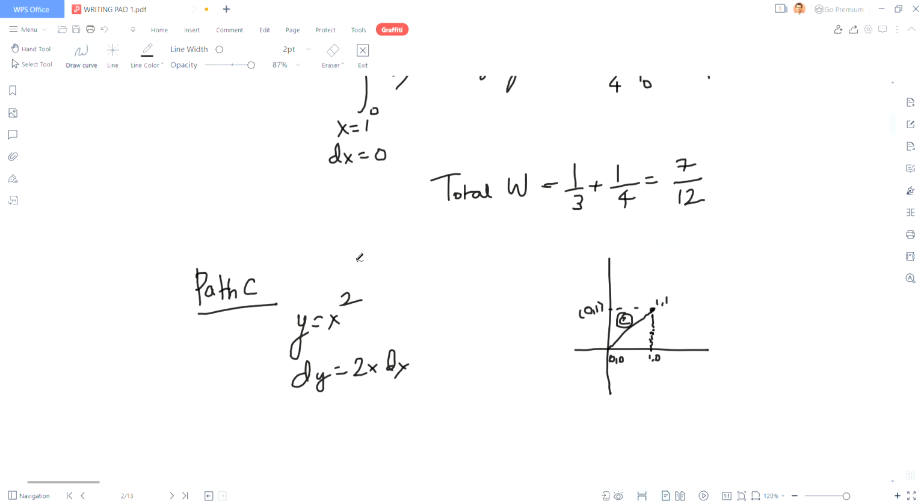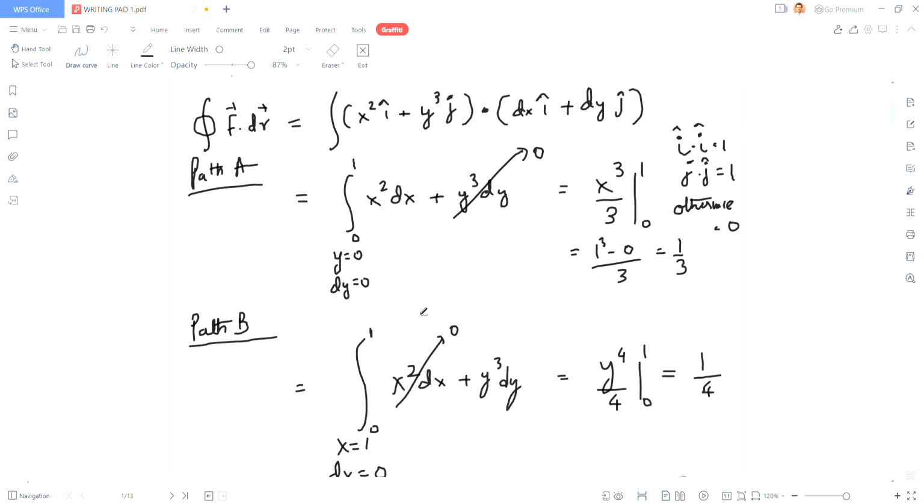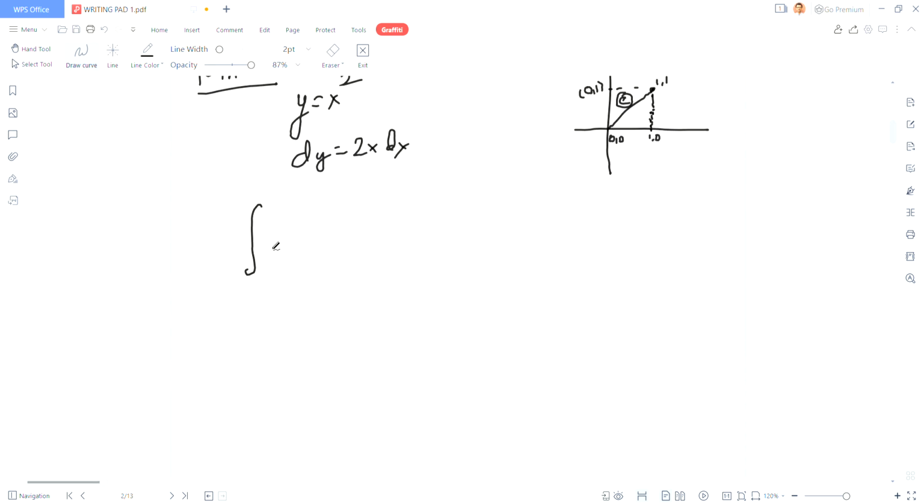Finally, let's put this entire thing into the integral of x square dx plus y cube dy. In y cube we will put x square, and for dy we will put 2x dx. So we will get x square dx plus, for y cube, x to the power 6, and for dy, 2x dx.